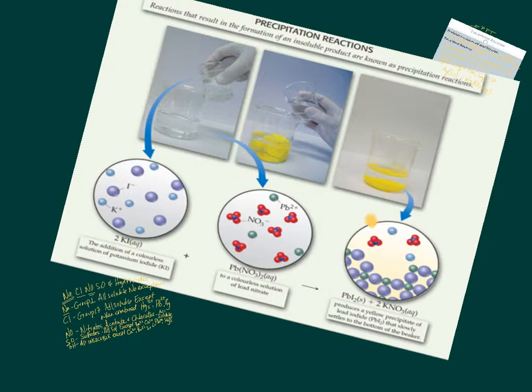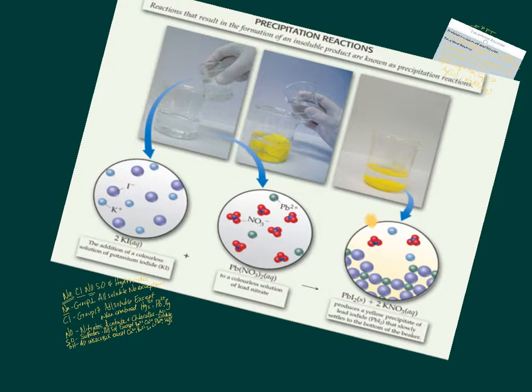In the second one, you have lead nitrate. Lead nitrate is going to be soluble under the NO rule, nitrates. Remember, NaClNOSO. So under the NO rule, nitrates are all soluble, no exception. So my two reactants are soluble.